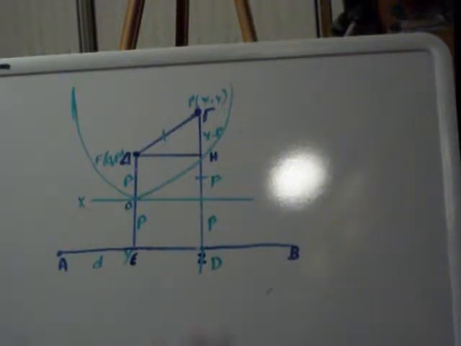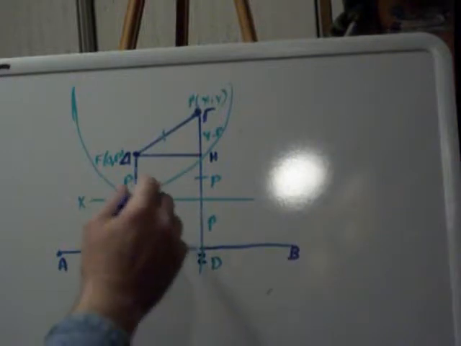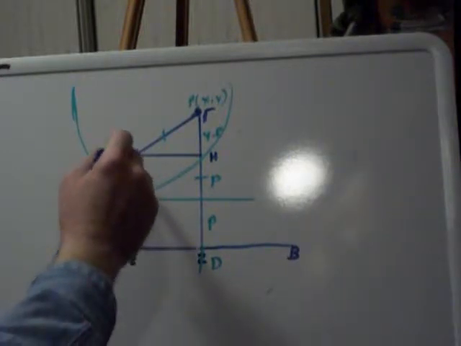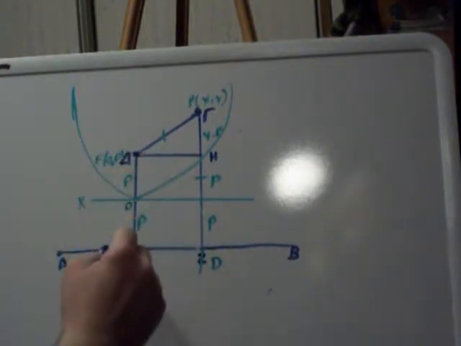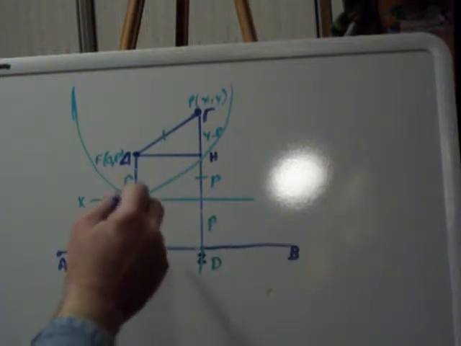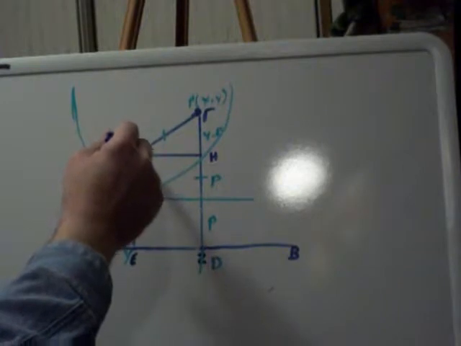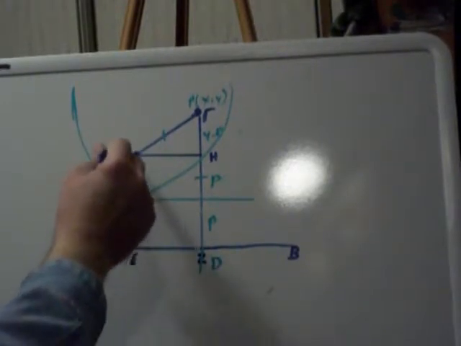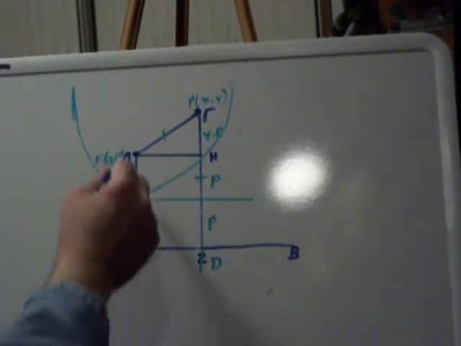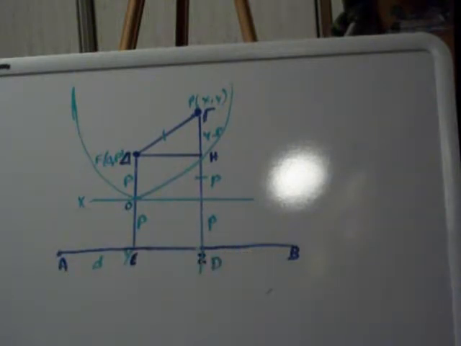And we're going to utilize the x-axis, and this x-axis is going to pass midway between the fixed point and the directrix. So the x-axis is above the directrix but below the fixed point, and it's halfway between these two, between this point and this line.